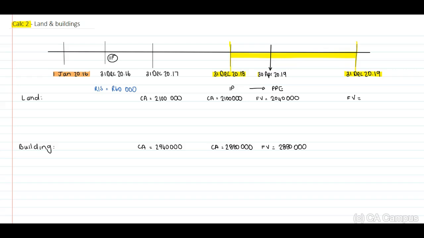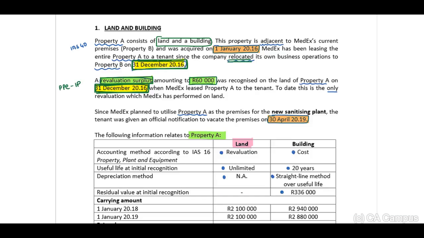Then they indicate to us that on 30 April 2019, they have informed the tenant, look at this paragraph guys, above the table, since Medex plan to use the premises. Therefore, this is investment property. Now this will be PPE.